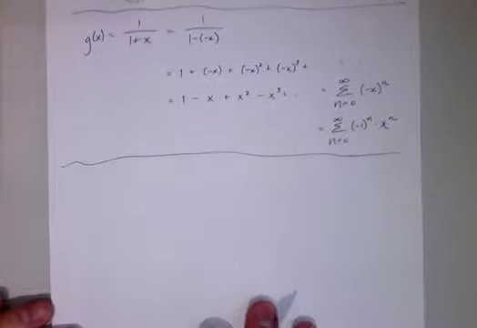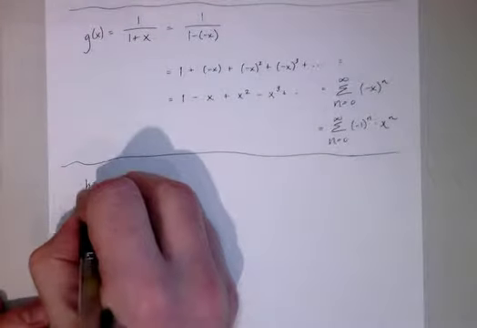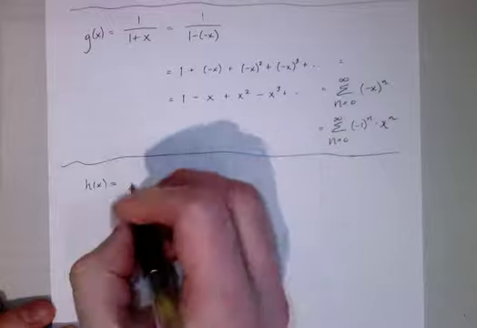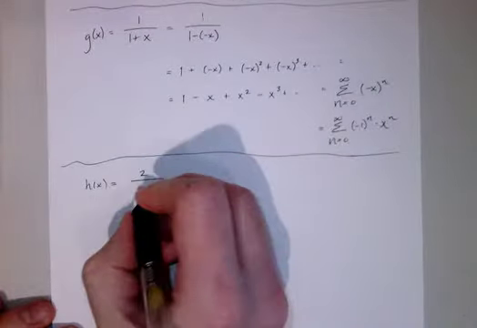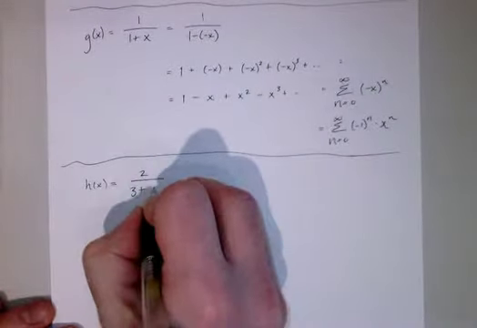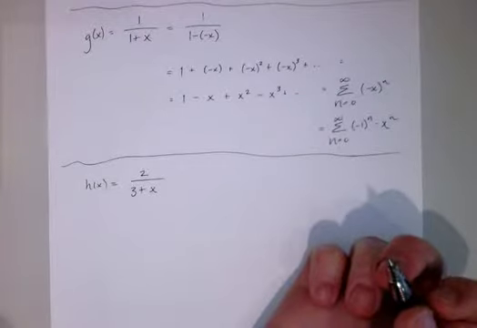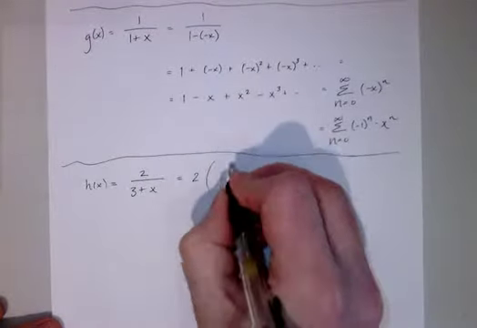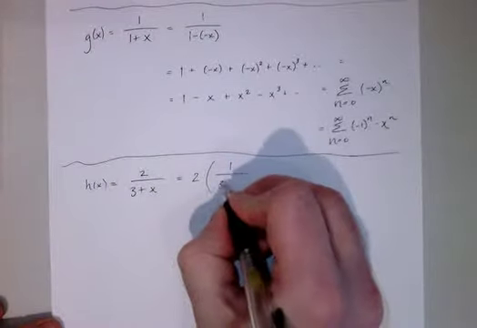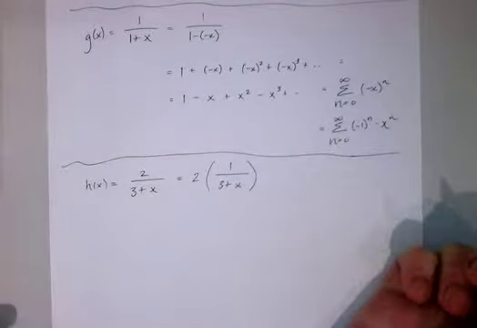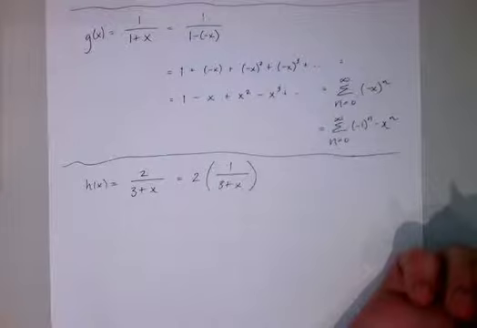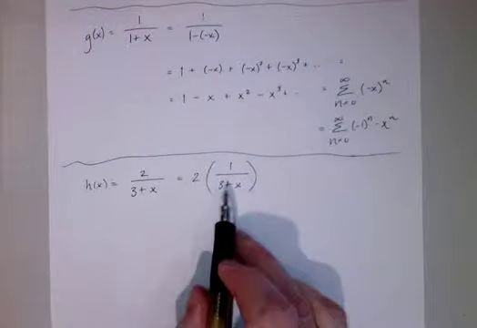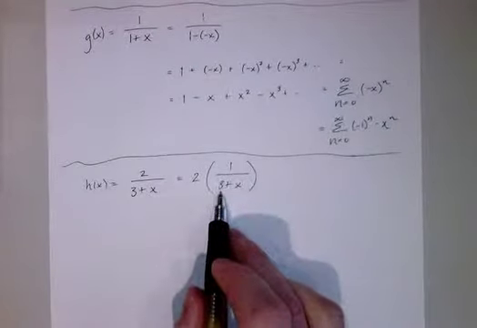Okay, this first one was a little bit easy. Let's move on to one that is perhaps a little bit more difficult. Let's say that we're given 2 over 3 plus x. Well, let's get the numerator as a 1. That's a good first step. Let's just pull out the 2. How am I going to get that to be a 1?